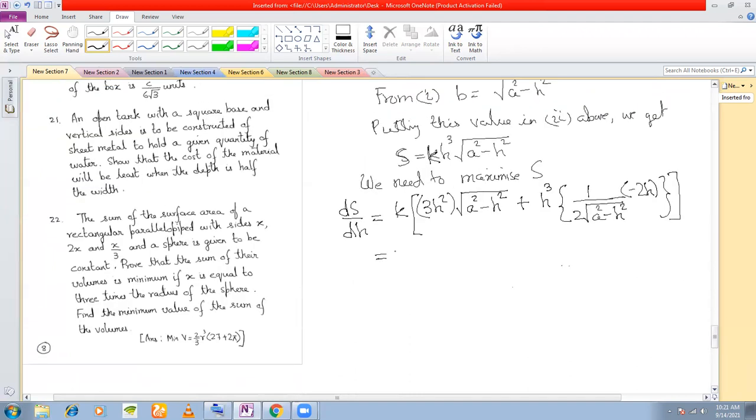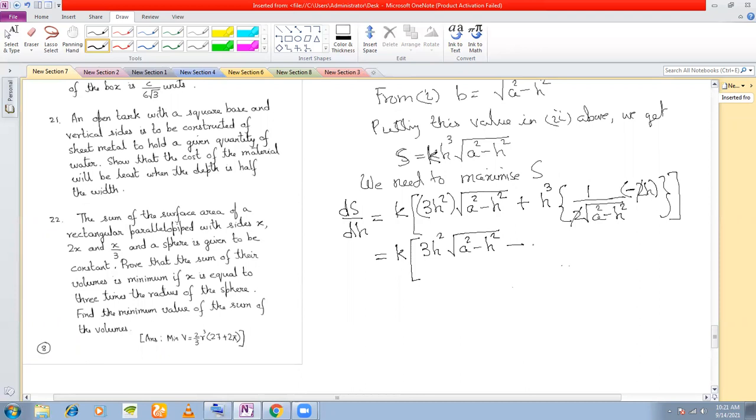Okay, which is equal to k into, let's simplify this, 3h square root over of a square minus h square. Now this 2 and this 2 are going to cancel, and there's a minus sign here.